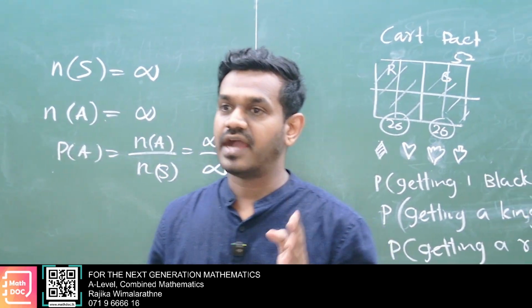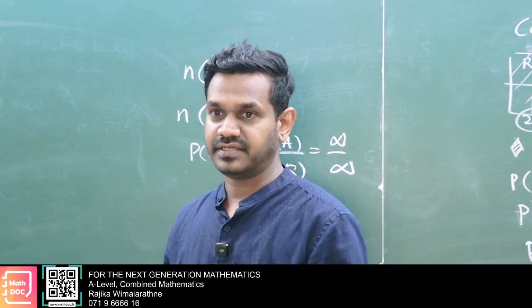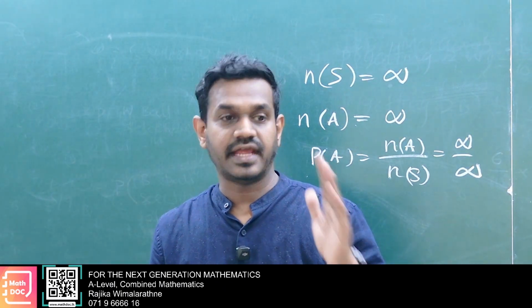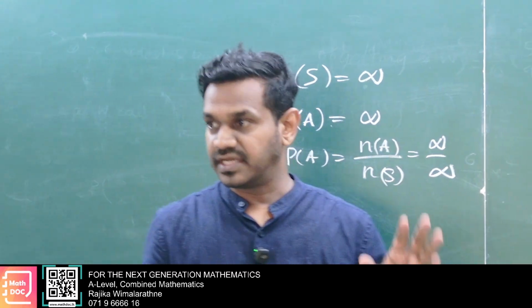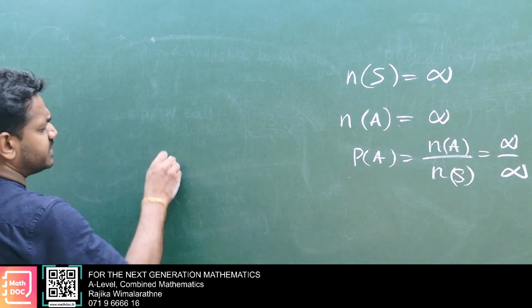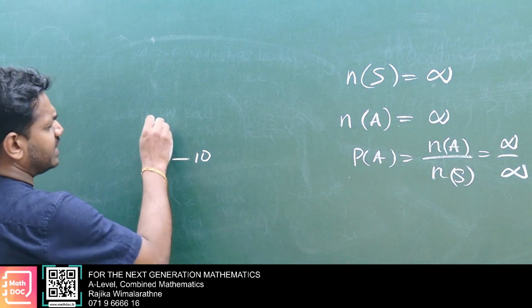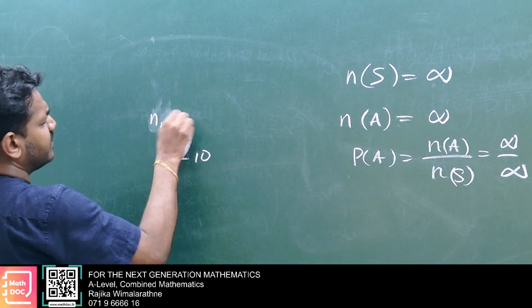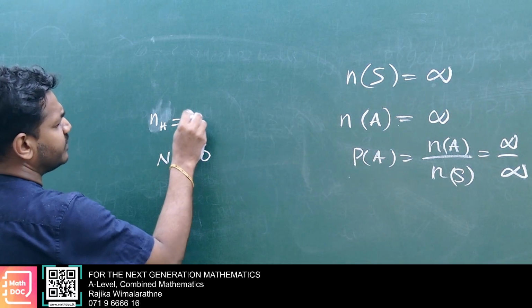Consider that you have a coin that is biased. We toss the coin 10 times and count getting heads. Say we get 6 times.